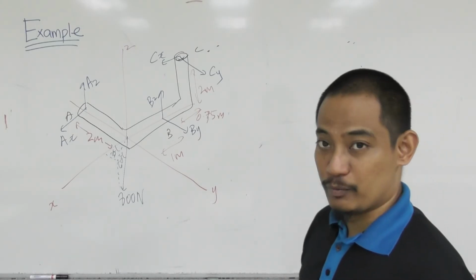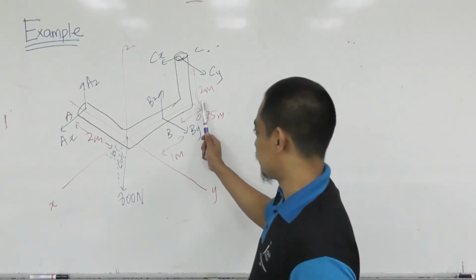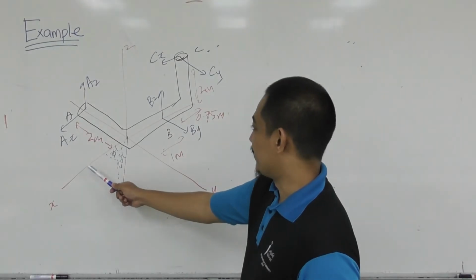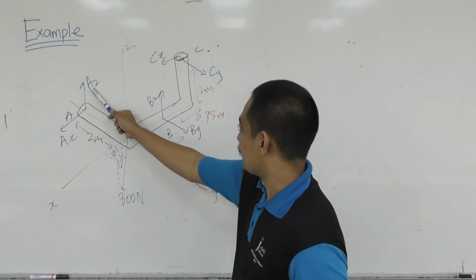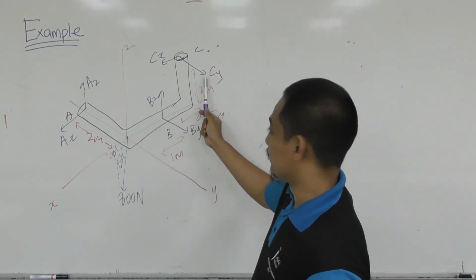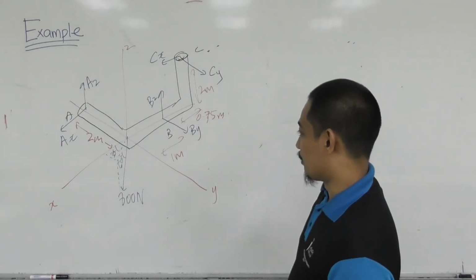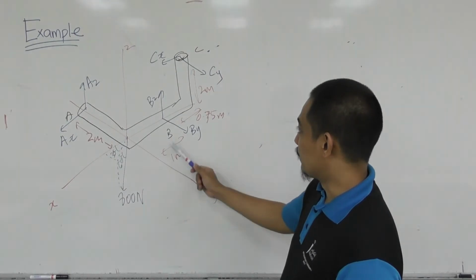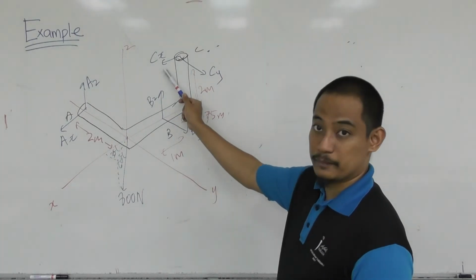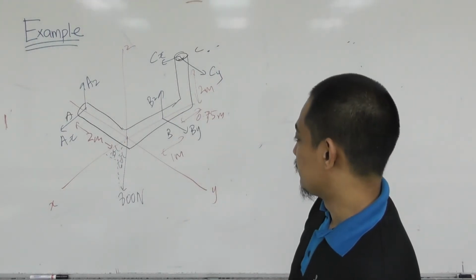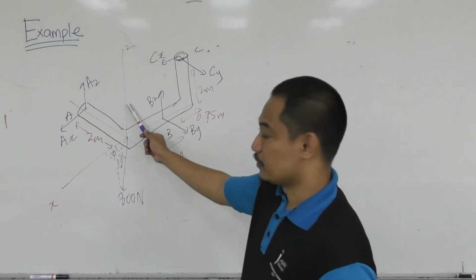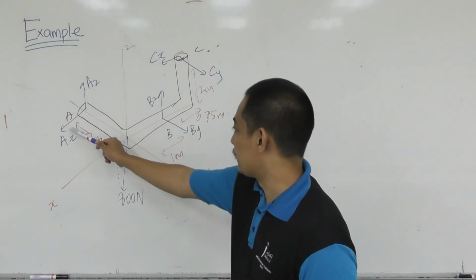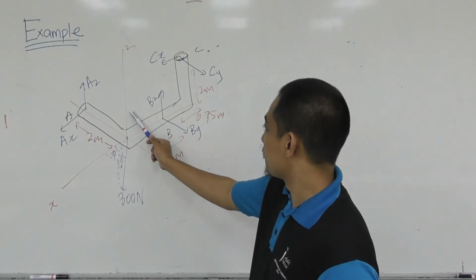If you take summation of moment about the x-axis, how many unknowns create moment about x? You have 1 here, 1 here, 2 unknowns. Summation of My equal to 0, you have 1 here and 1 here. Summation of Mz equal to 0, you have this one and this one.